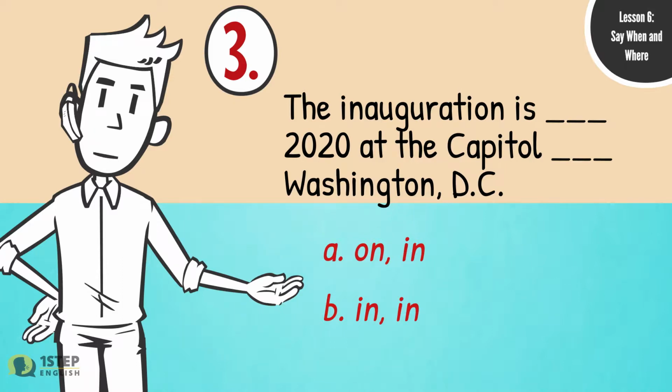The inauguration is blank 2020 at the Capitol, blank Washington, D.C. A. On, in. B. In. The correct answer is letter B. The inauguration is in 2020 at the Capitol in Washington, D.C.